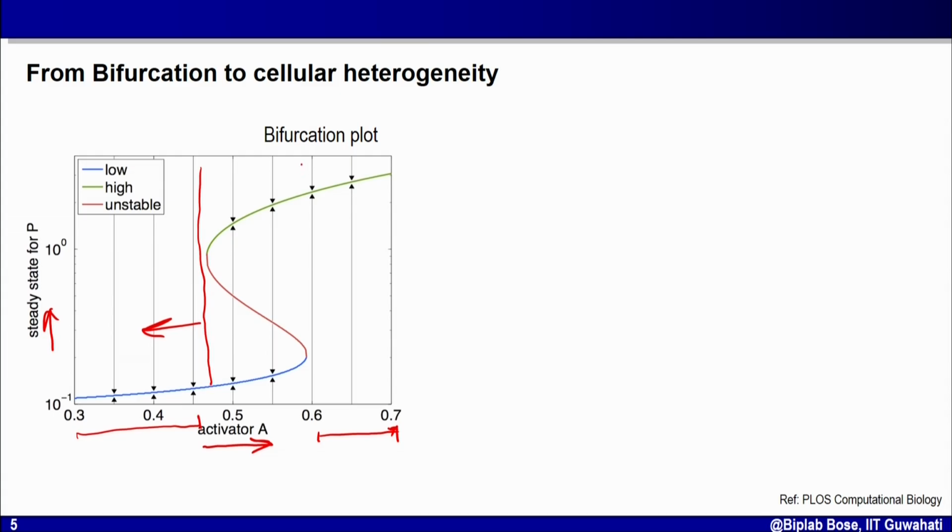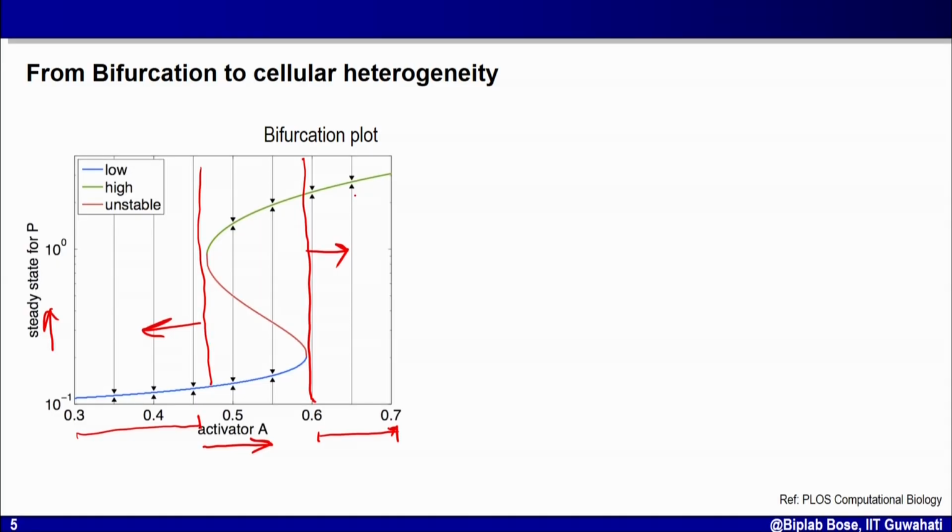Whereas I have another regime here, where A is bigger than this value, I have one steady state only for P, and that is the higher value. In between these two, I have a region where for any value of A, I will have three steady states, out of which two will be stable and one will be unstable.